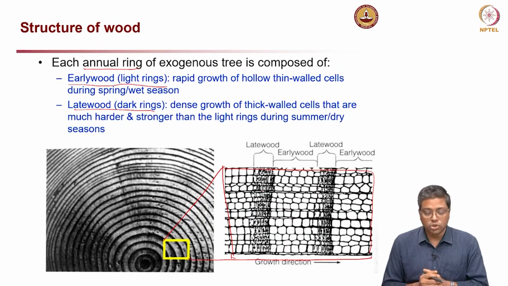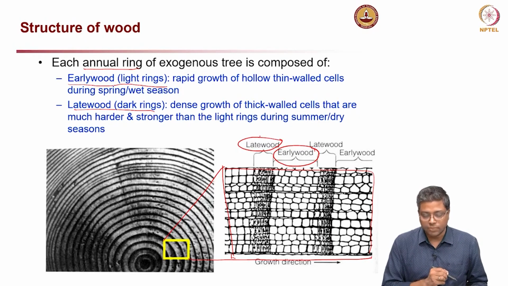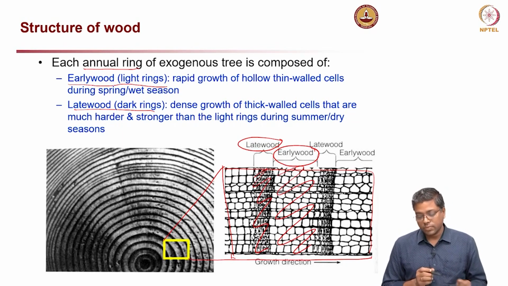It's very clearly shown in the right side image. In this region, you can see early wood, the light color region, and the late wood, the dark color region. You can see that late wood is more dense, and early wood is less dense.